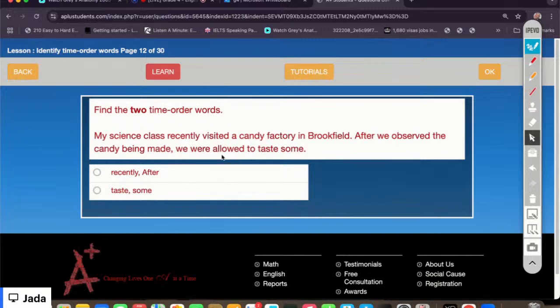What's the two time other word here? So recently and after.